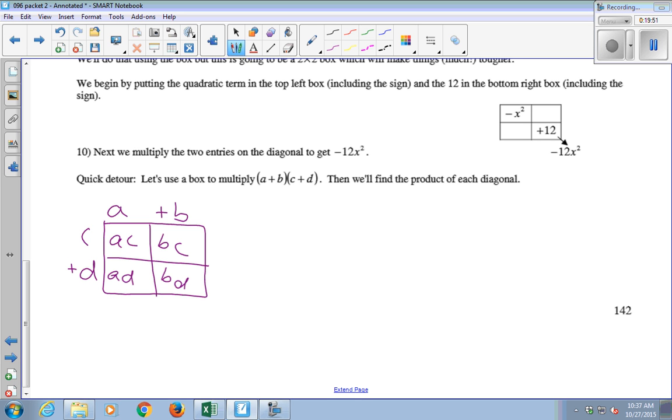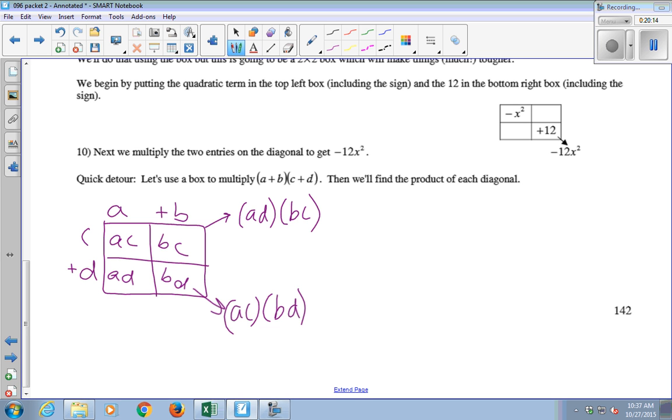If you multiply the product of each diagonal, right? The AC times the BD is my first diagonal. And then my next diagonal will be AD times BC.